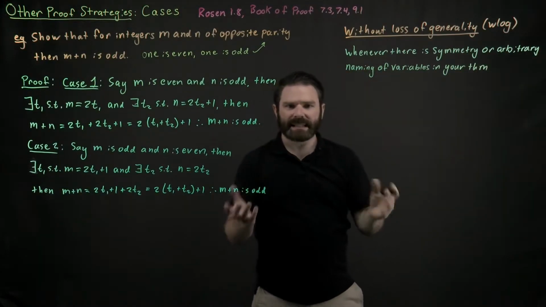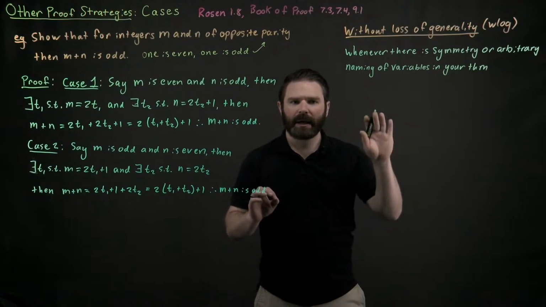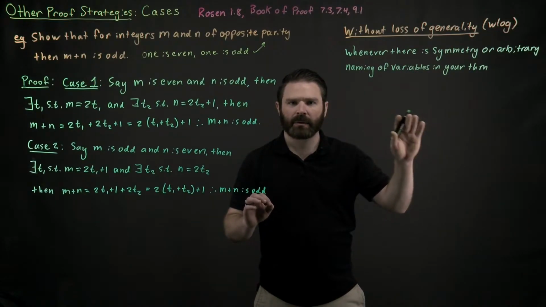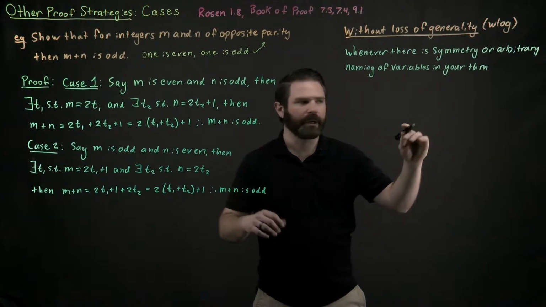So whenever there is symmetry, and I'll talk about that in just a minute, or arbitrary naming of variables in the theorem that you're trying to prove, without loss of generality lets you do the following.